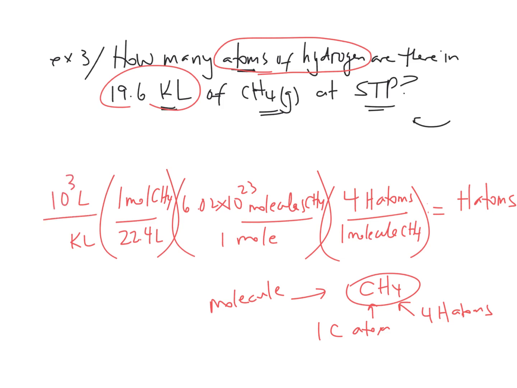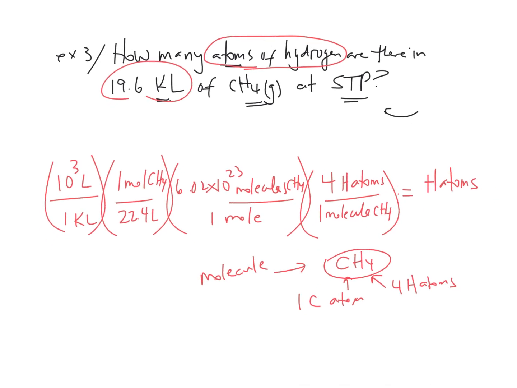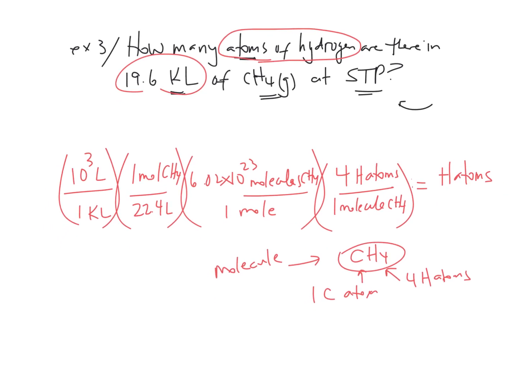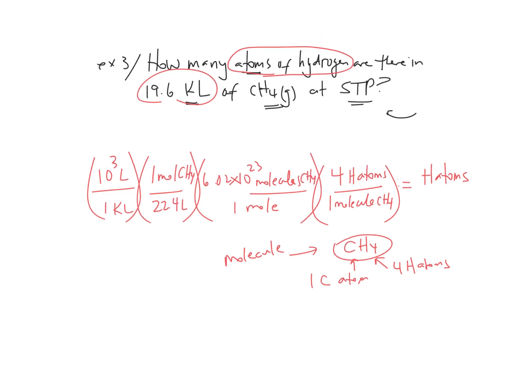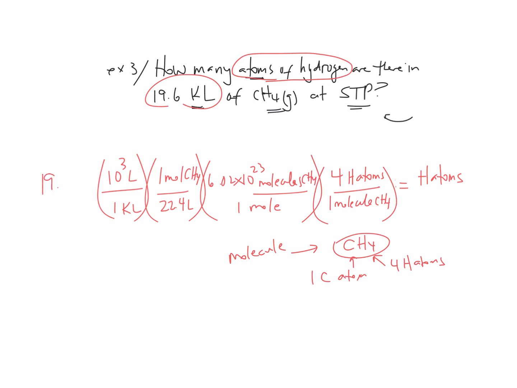There's 10 to the 3. Kilo. It's 10 to the 3. So 10 to the 3 liters in a kiloliter. And we start off, of course, with 19.6 kiloliters. So let's make a little space and put that in there. 19.6 kiloliters.